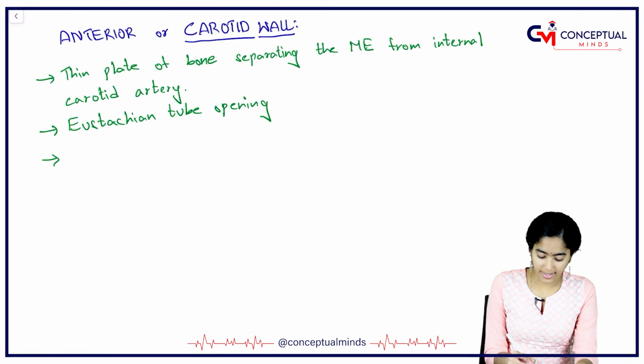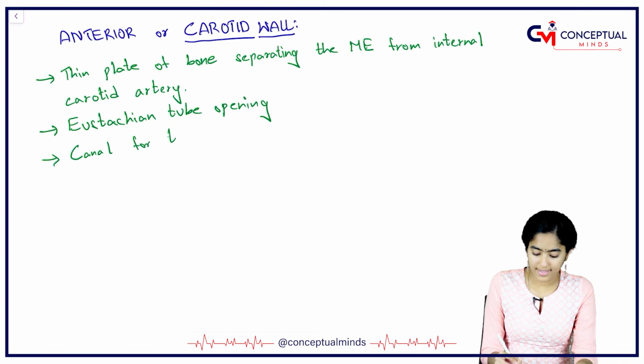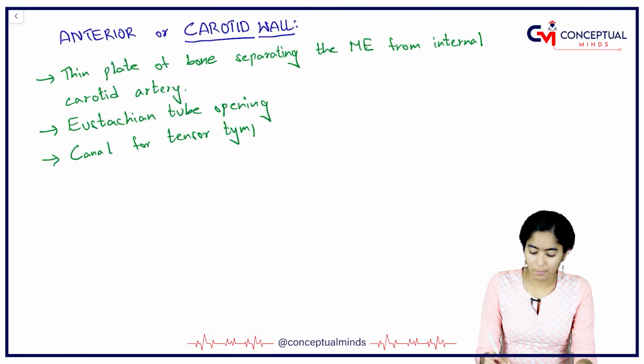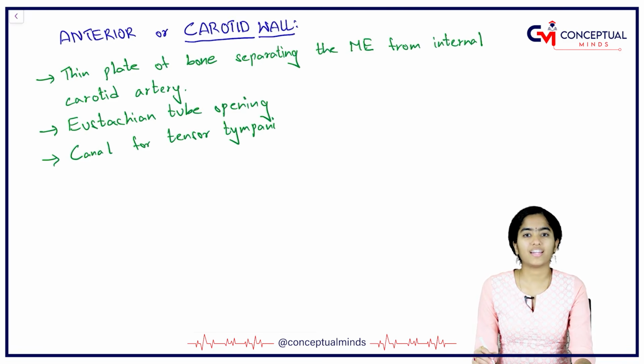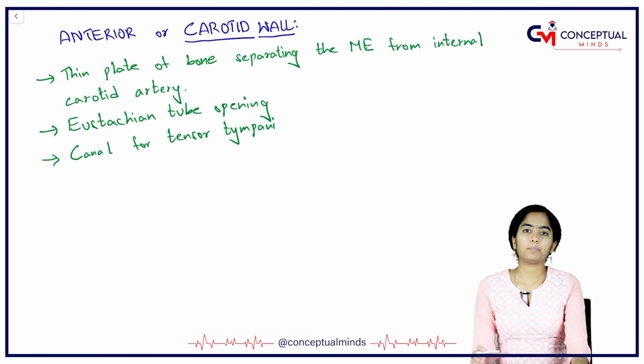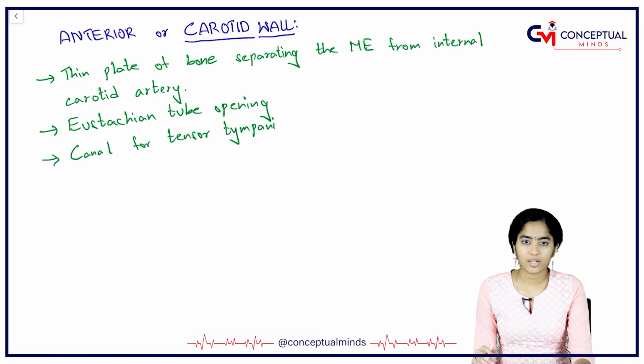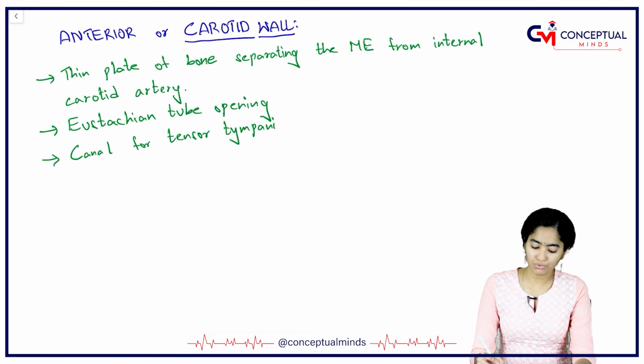Then there is a canal for tensor tympani. Tensor tympani is a muscle that is present in the middle ear. So there is a canal for this tensor tympani muscle. Where is this canal present? It is present in the roof of the eustachian tube.